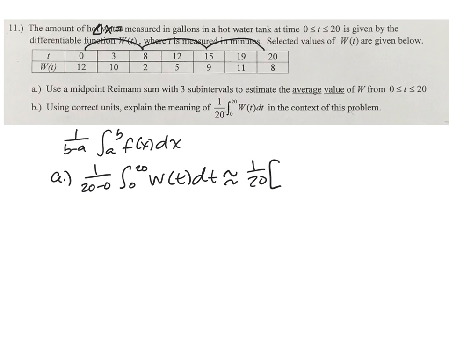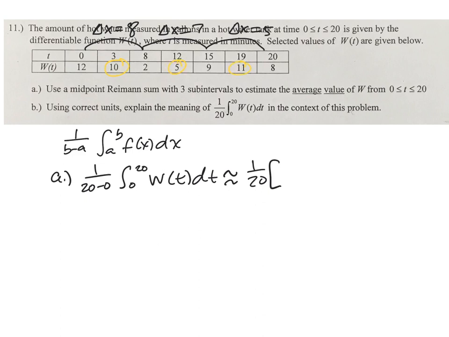Our first delta x, which would be the width of that first rectangle, is 8, okay? The second delta x, 8 to 15, that would be 7, and our third delta x is 5, all right? And then this is a midpoint Riemann sum, so in each of those rectangles, we want to use the middle y value for our height of the rectangle.